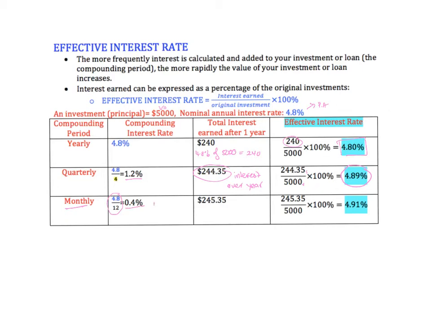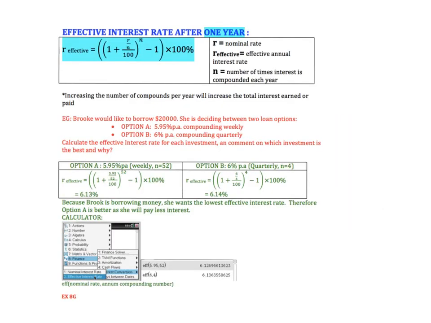So you'll get interest added 12 times over the year, and then you'll earn this 245. You can see it's a little bit more, and the effective interest rate is higher. We talked about this the other day: the more often you compound, and monthly is more often than quarterly, the higher the effective interest rate.